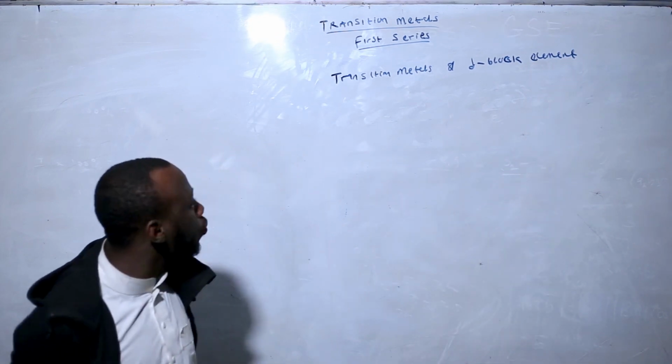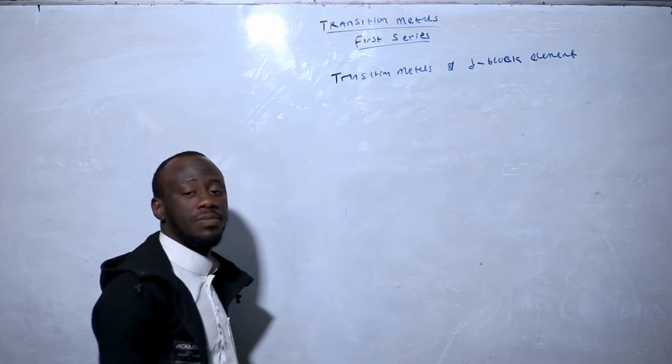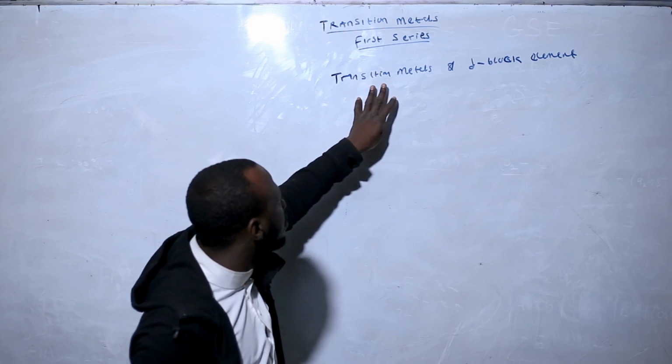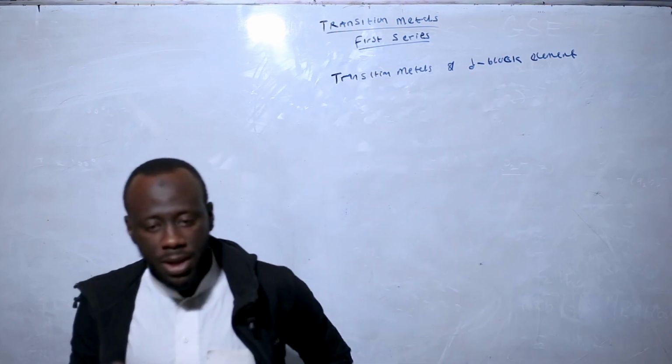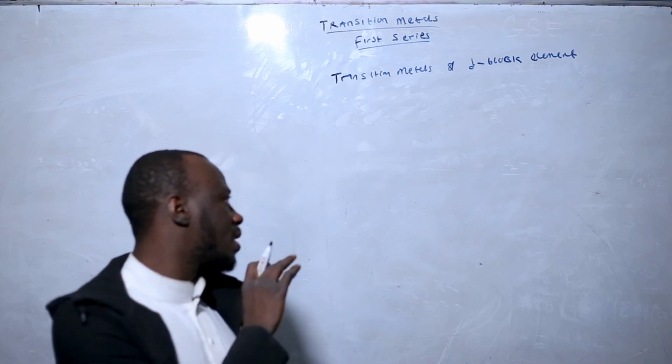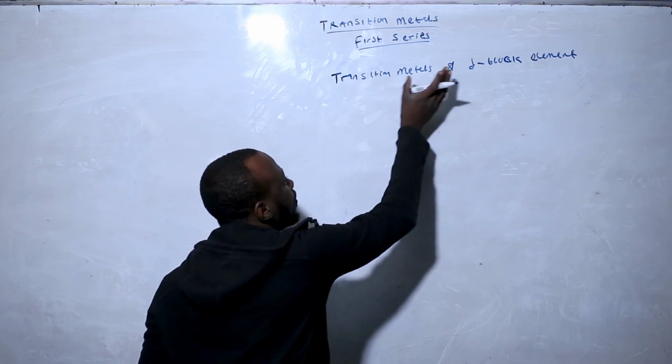Sometimes these two terms are used interchangeably. But transition metals does not fully mean d block element, and d block element does not fully mean transition metals. Each term has its own specific definition.